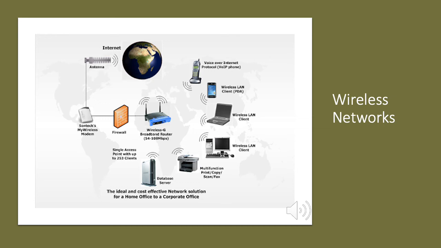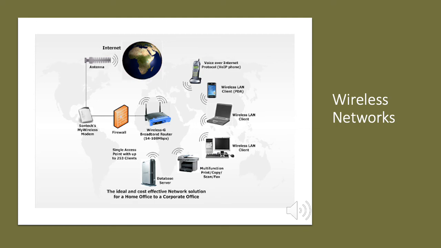Wireless networks have many advantages. In the first place, it's very easy to move the different units or the different workstations from one position to another. It is also easy to provide connectivity even in areas where cabling can be very difficult, and the installation of a wireless network is very fast.